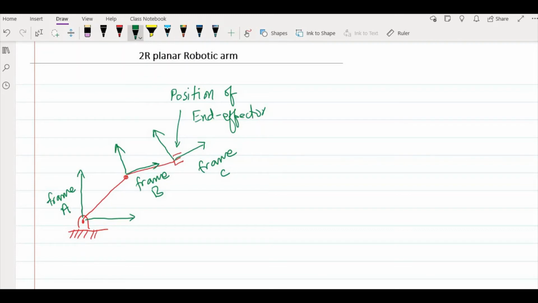So that's why we are now studying the transformations and rotations. So let's see. Okay, so here we have frame A. Let's draw it with black color.